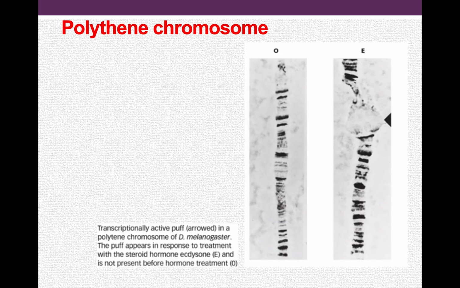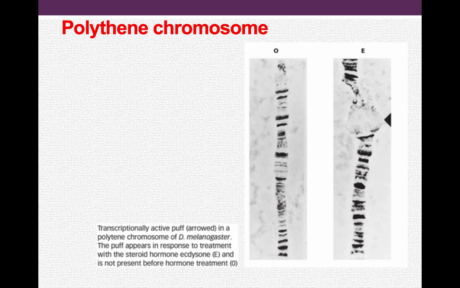So you can see that this is the polytene chromosome from Drosophila melanogaster, a general one, but if transcription is actively occurring, you can see that there is a puff. This is the puff effect, which means that it expands, so that you can actually see it. So by right, you would see some bands there from the chromosomes, but you couldn't really see them because it has expanded too much.